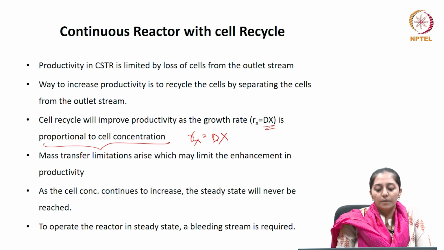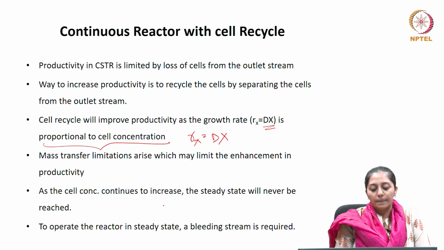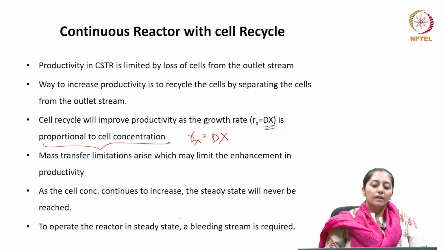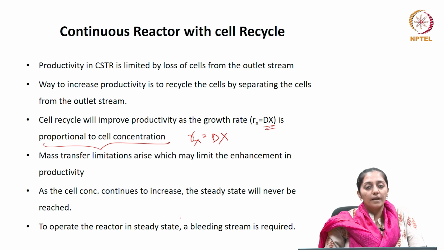Now, mass transfer limitations can arise which may eventually limit the enhancement in productivity. As the cell concentration continues to increase, the steady state will never be reached. So, now we know that we can increase the cell concentration and therefore the productivity. But if you keep on continuously increasing the cell concentration, the productivity after a while is compromised. Why?